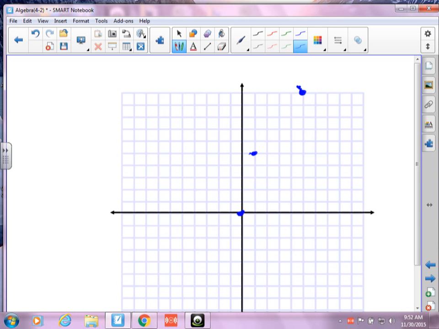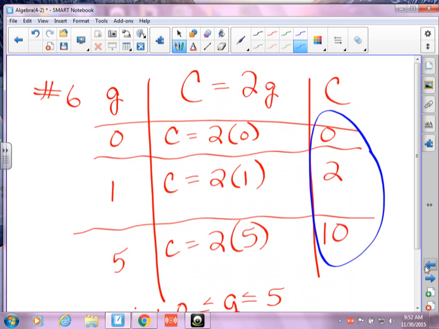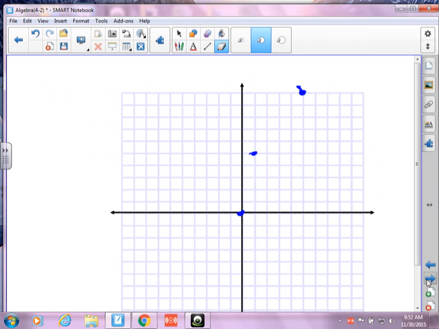Oh, let's look at my ordered pairs. 1, 2, thank you. 1, 2, I read my ordered pairs wrong. Okay, now, what kind of line am I going to draw? Non-continual, which means what? Yes. You don't use arrows. No arrows, do I? I have a beginning and an ending point. So here's my beginning, and there's my ending, right?